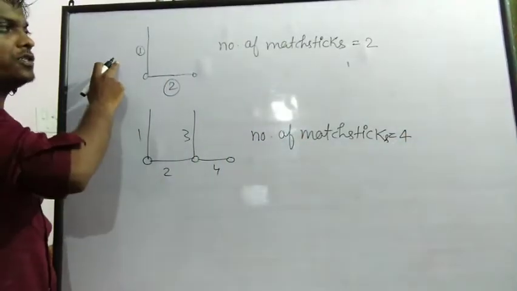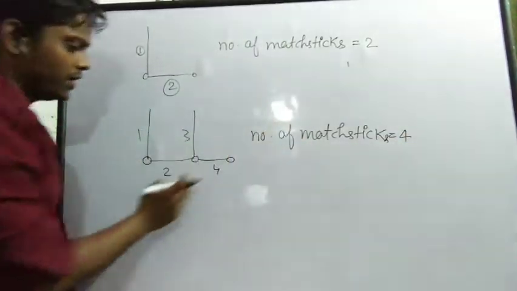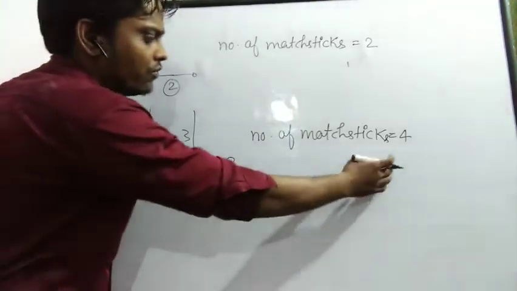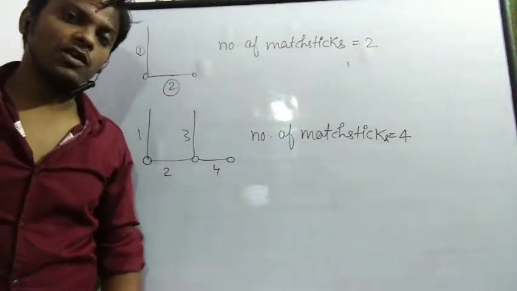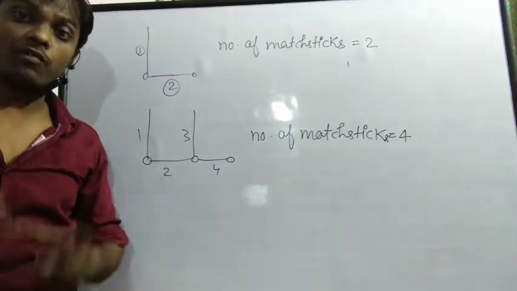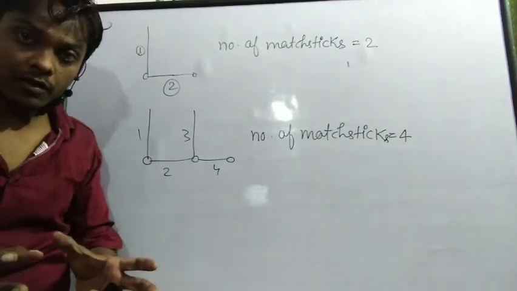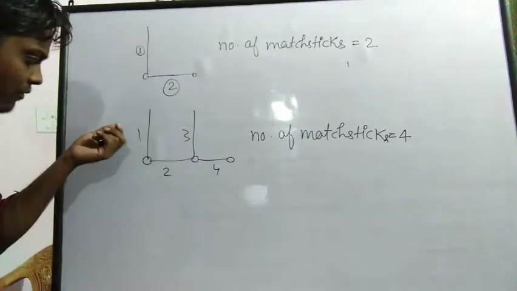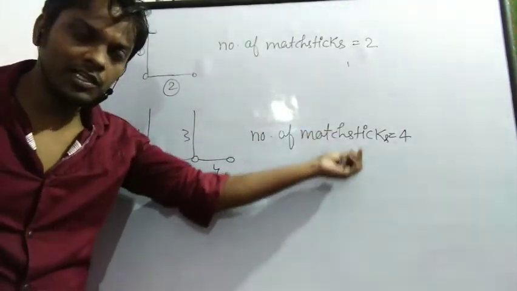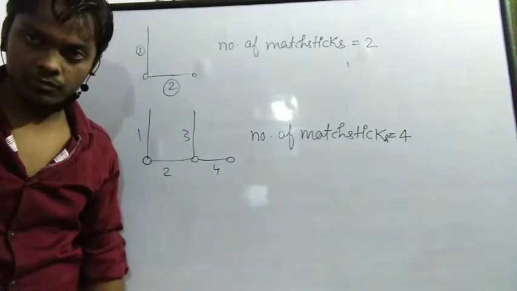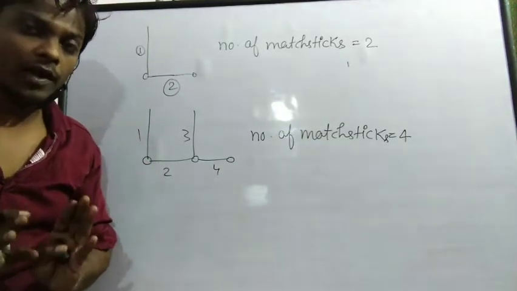So here the number of matchsticks is 2, and here it is 4. If we want to find the number of matchsticks used in the formation of 100 L's, we could count them 1, 2, 3, 4, 5 and so on, but we don't need to.